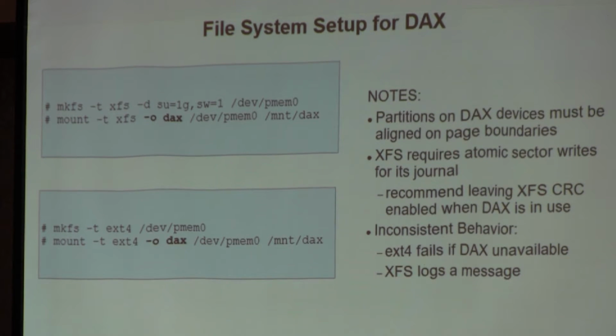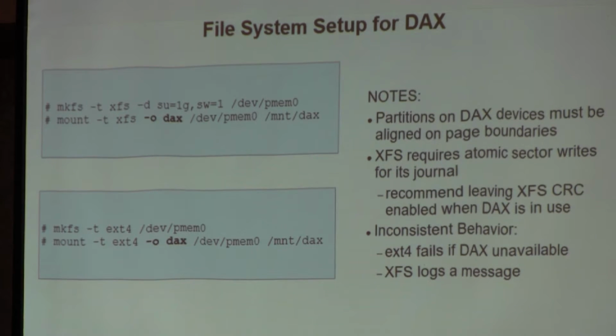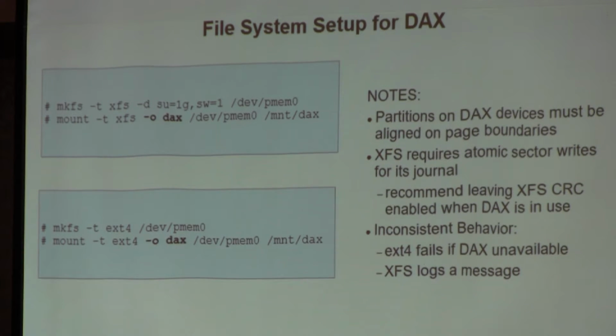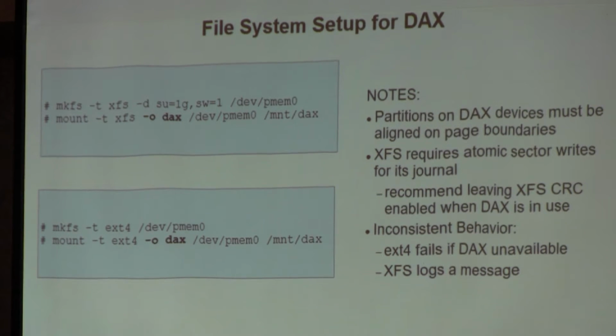XFS does require atomic sector bytes for its journal. Not true for the data, but for the journal that is required. And so what you would want to do is leave XFS in the default mode where it will use CRC for the journal data, and it will be able to detect errors if they do occur in the journal area on the DAX capable device that we're using in this case.